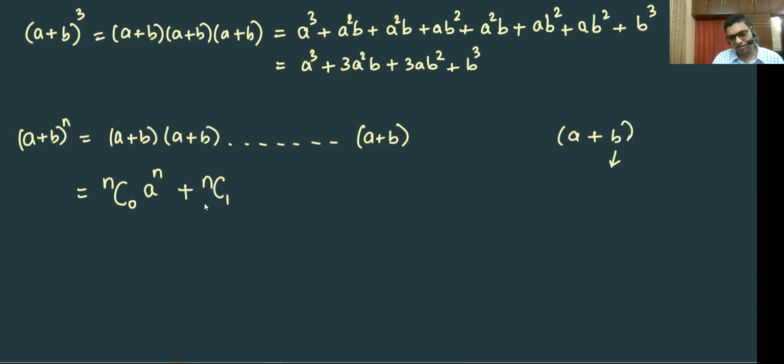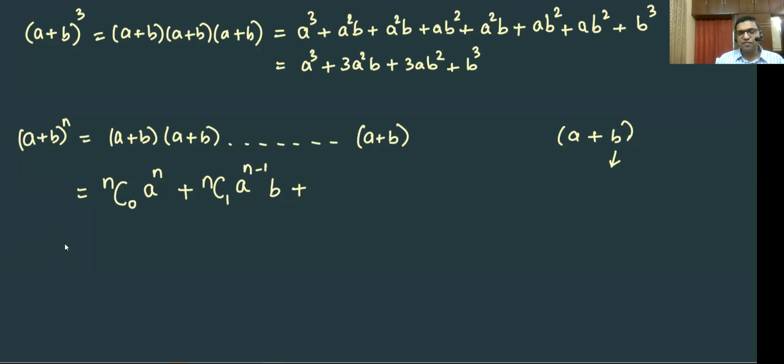So I get nC1. From one factor I am selecting b, from the remaining factors I am selecting a. So when I multiply, I get a power n minus 1, but from one of the factors I'm selecting b. So nC1 a power n minus 1 times b.